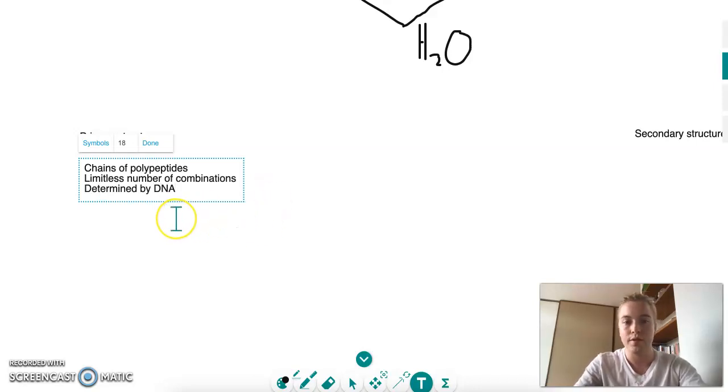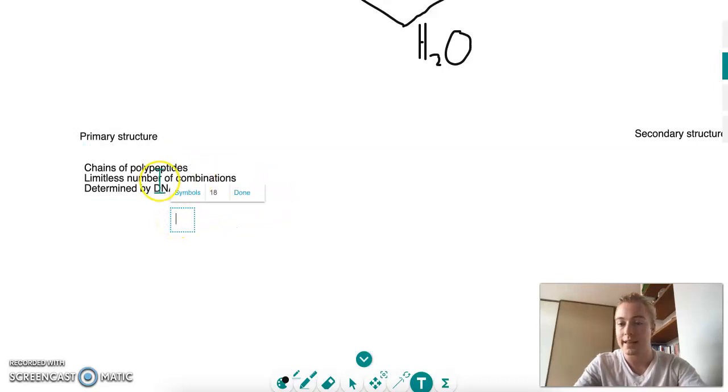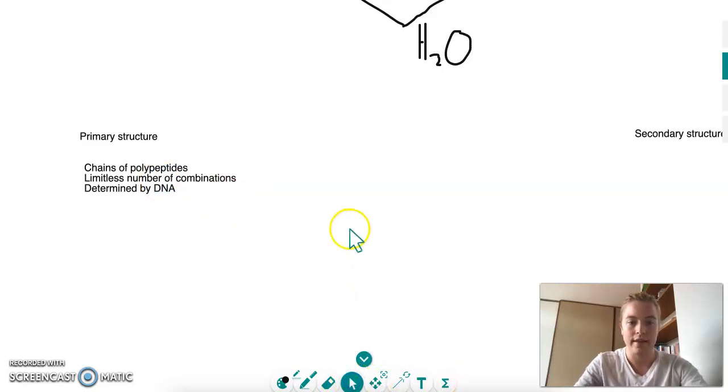And that's the first of a really important number of synoptic links that we can think about within this topic as we think about the broader significance of proteins. So the first one being just the fact that it is the DNA which determines the structure of the proteins, as it is the DNA which determines the order of the amino acids.